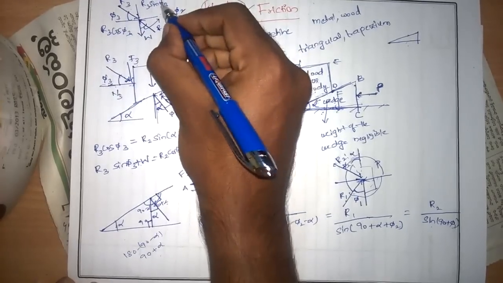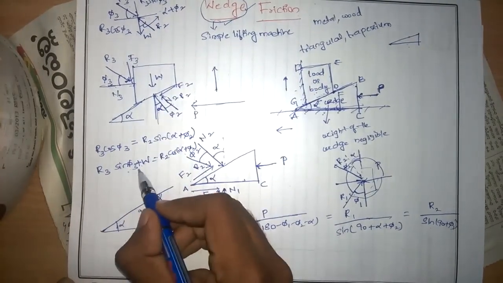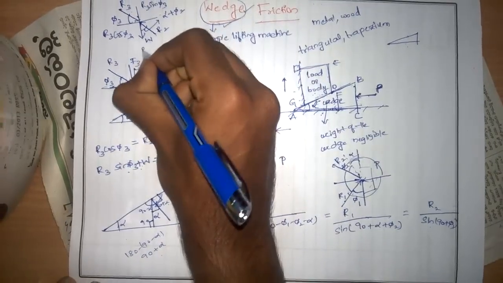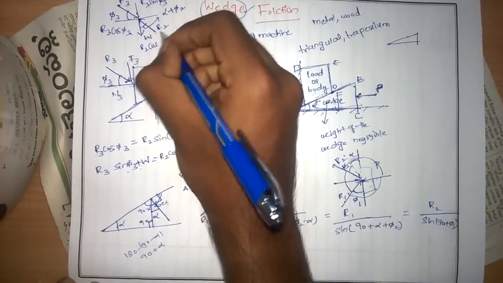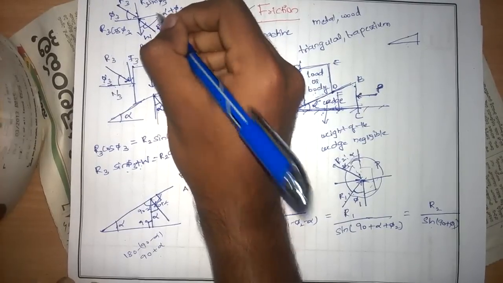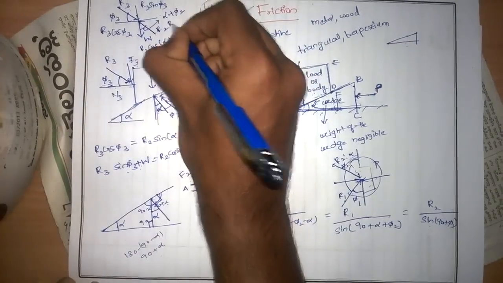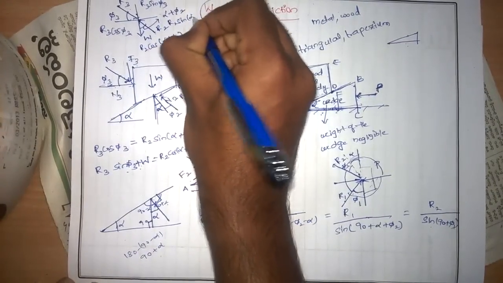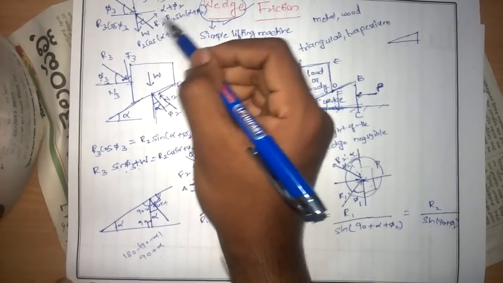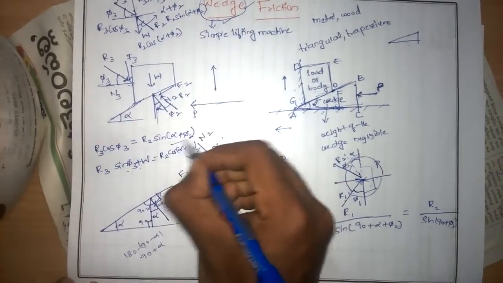Now R3 sin phi 3 plus W. Now I want to resolve this. In this direction R2 cos of alpha plus phi 2, and in this direction R2 sin alpha plus phi 2. Now we got the vertical direction, and when we apply the equilibrium equations, we get that.